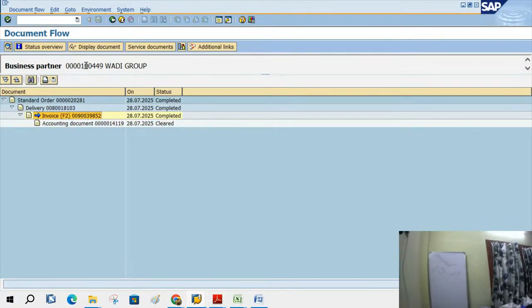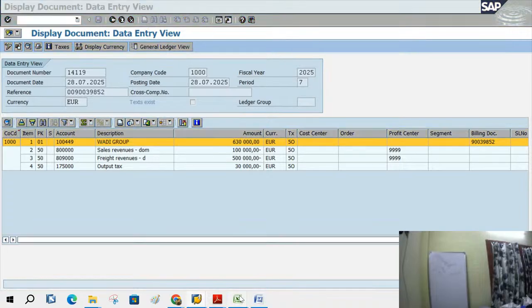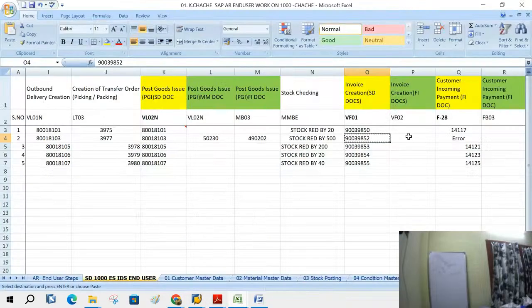While I'm doing this, I click on display document. The FI document I'm getting is 14119. Correct? What is the number I got?